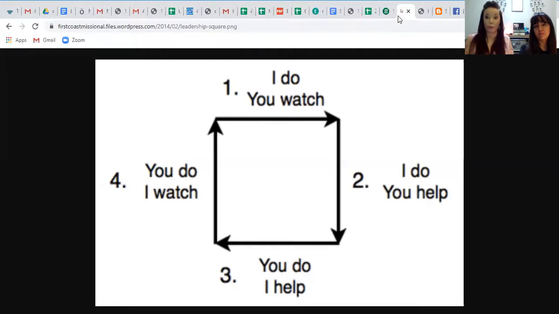You're going to watch me fill up the sink, put the soap in, scrub the dishes, rinse them, and dry them, right? And then by the time we get into L2, D2 with little Jimmy and Mama Janet, now she's saying, okay, so I'm still going to be doing the majority of the work, but you're going to be helping. Maybe this time you get to fill up the sink and you get to put the soap in, and mommy washes, and then maybe you rinse, right?